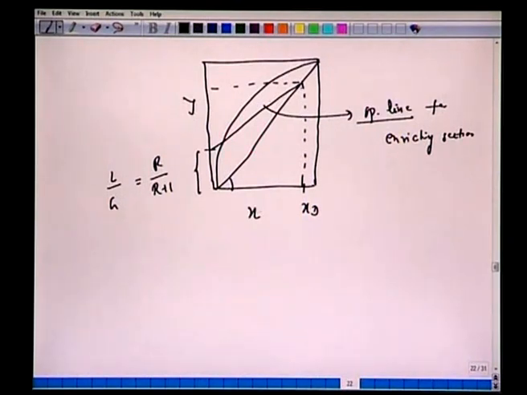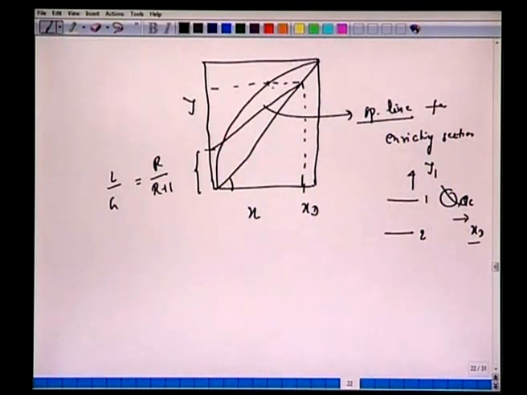So again, look at this. We have this y same as x_D. The first point which you locate here is your y_1. So we are now starting stage 1, stage 2. The vapor which leaves stage 1 arrives at this condenser. We have the composition of the top product leaving, x_D, same as y_1.